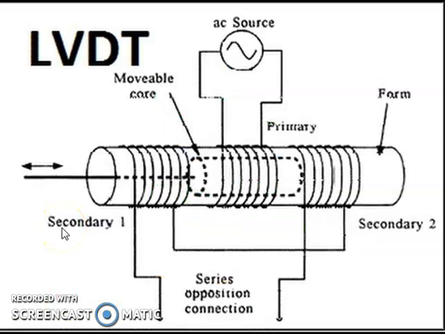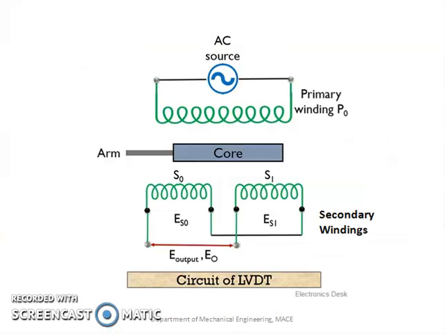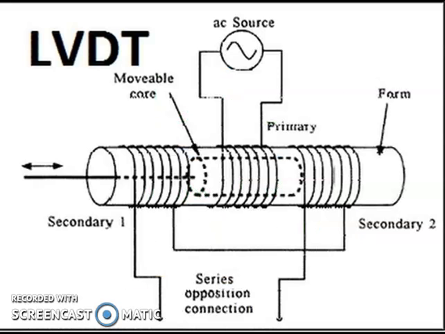This figure shows the construction of LVDT. In the previous slide we have seen the circuit. It is having one primary winding, two secondary windings and a core. So this is how it is arranged. We can see that this is the primary winding to which we are giving AC power source, and these are the two secondary windings. The primary and two secondary windings are coaxially placed, wound over a hollow cylinder.